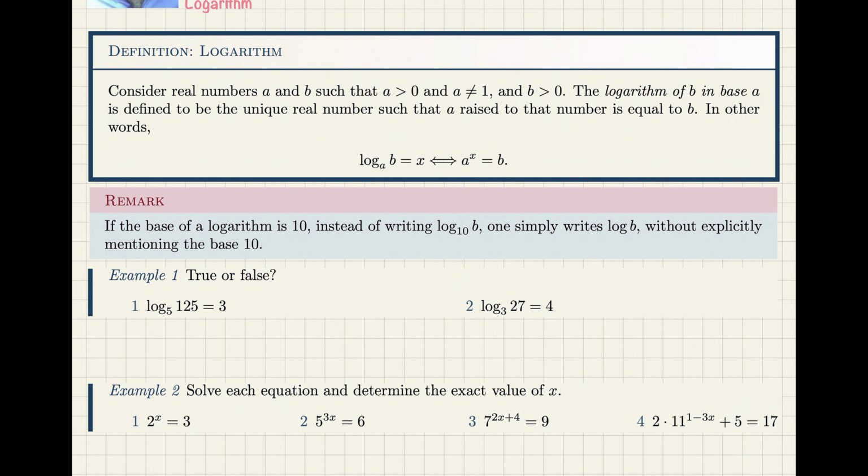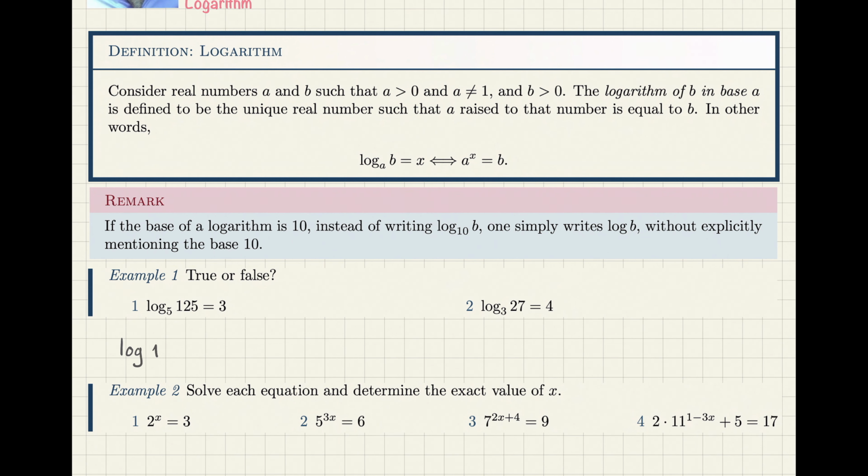For example, I'm asking you to tell me which of these, if any, is true and which is false. This one says log of 125 in base 5 is equal to 3. To see if this is true or false, I need to use the definition of the logarithm.